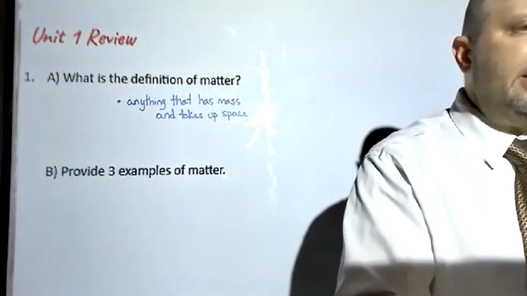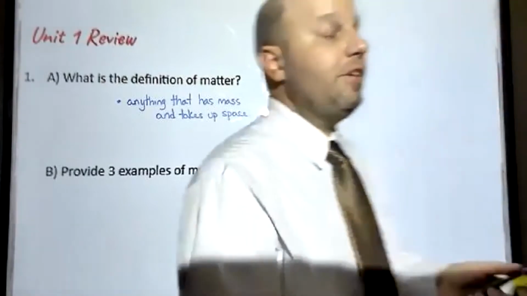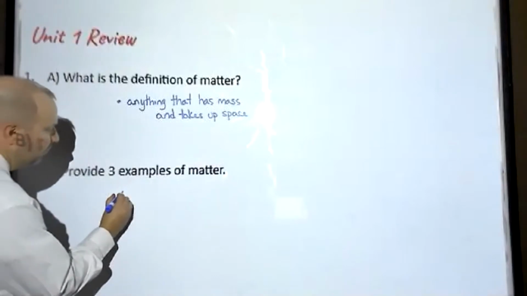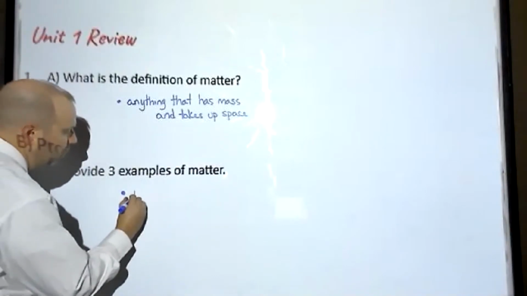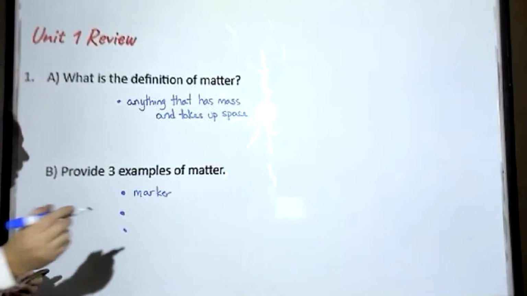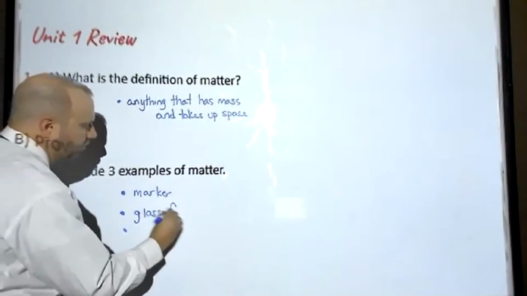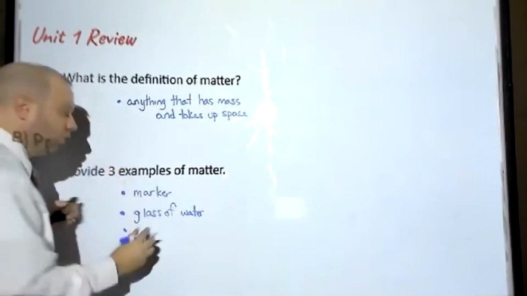The next part is looking at what are some 3 examples of matter. Again, these are up to you, but just for 3 examples, I'm going to put this marker, perhaps a glass of water, and the air that we are breathing.